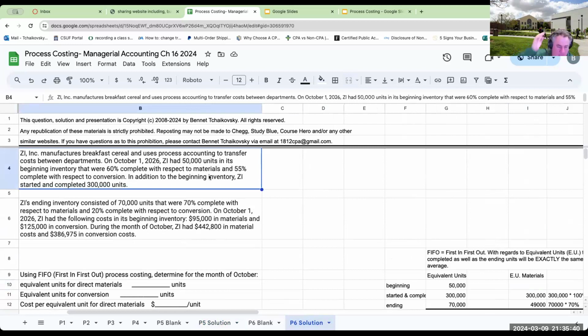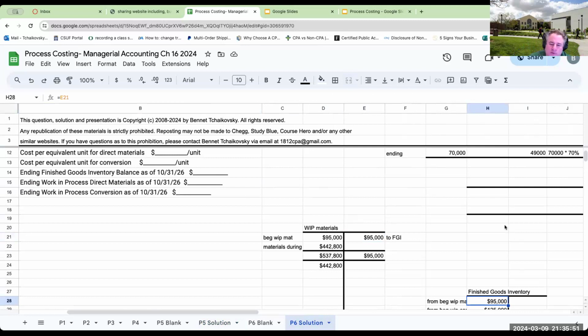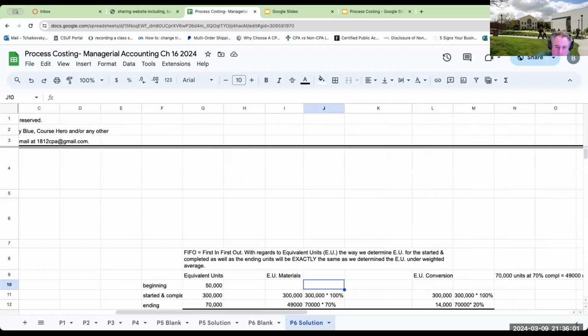These units in beginning inventory were already 60% complete with respect to materials. We already sent out these costs to finished goods inventory. So what we need to focus on is, well, what did we need to do to make these 100% complete?